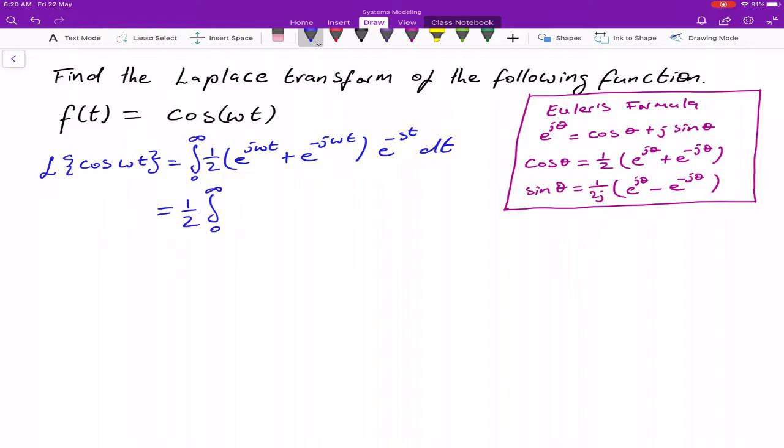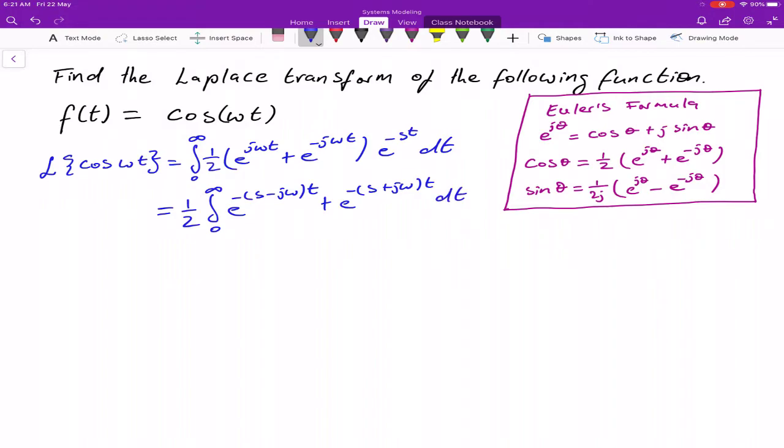Then we are going to distribute the exponentials accordingly. e to the j omega times e to the minus st, that will give us e to the minus s minus j omega times t, plus e to the minus s plus j omega times t dt.